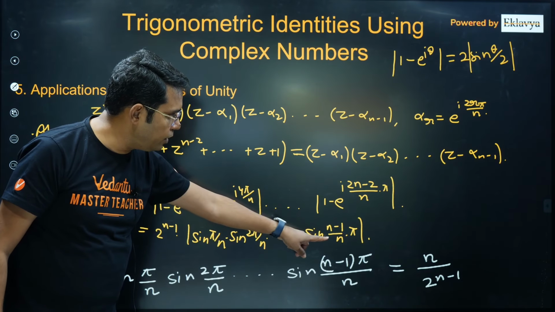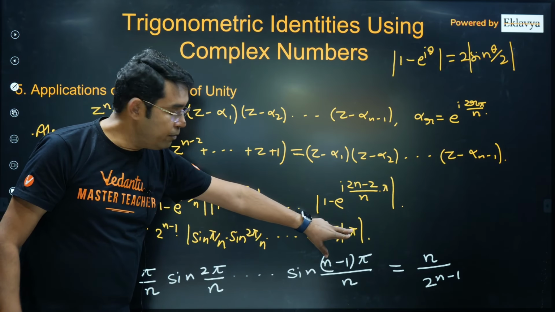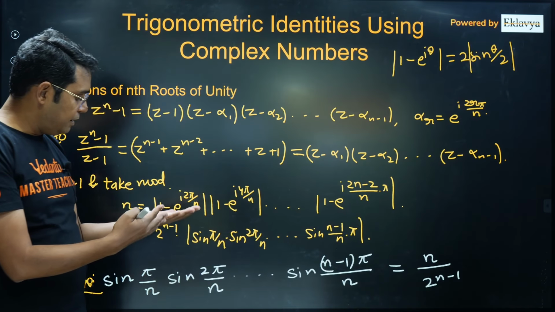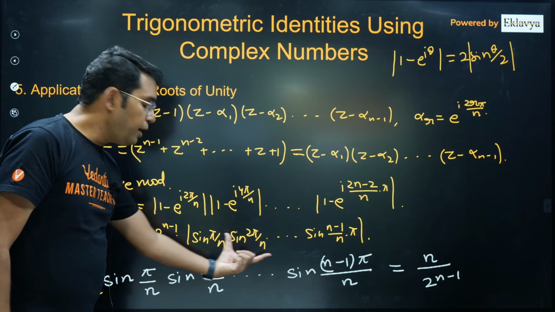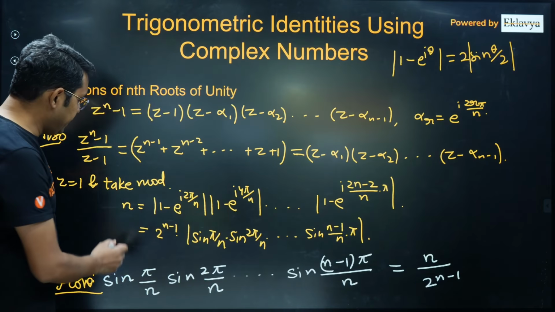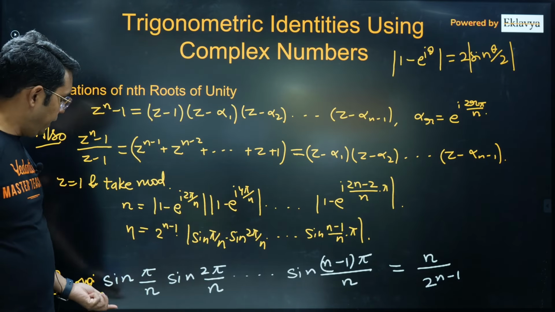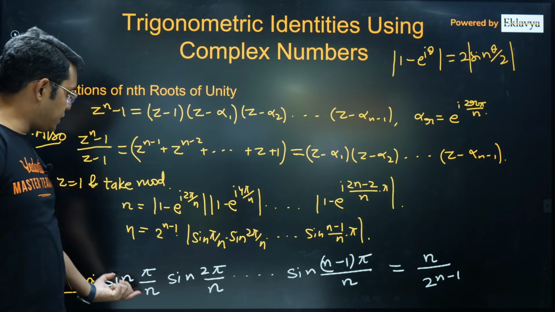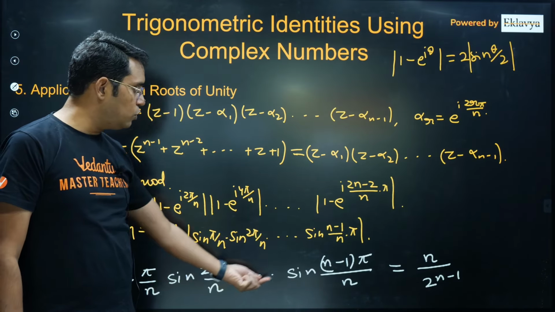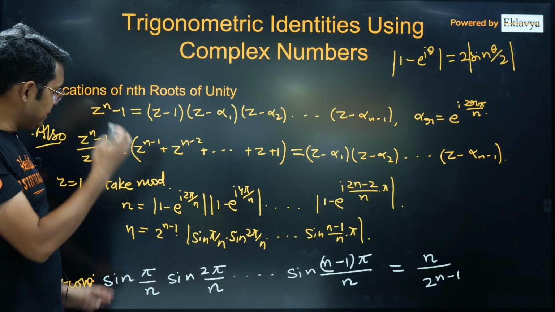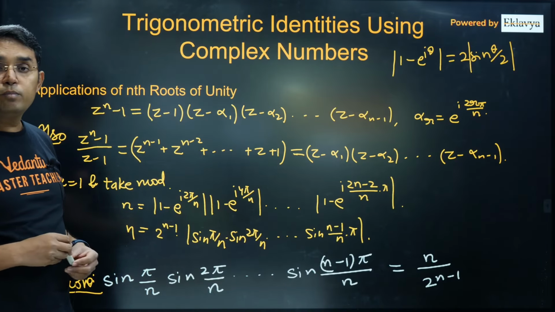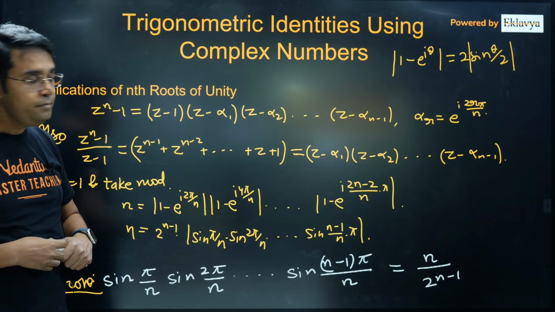N minus 1 upon n is less than 1, multiplied with pi will give you lesser value, so all the signs will be positive. So I think I can directly say mod is not required, and that is what we are looking for. Sine pi by n, sine 2 pi by n, and so on, sine n minus 1 pi by n is equal to n upon 2 power n minus 1. That's it.